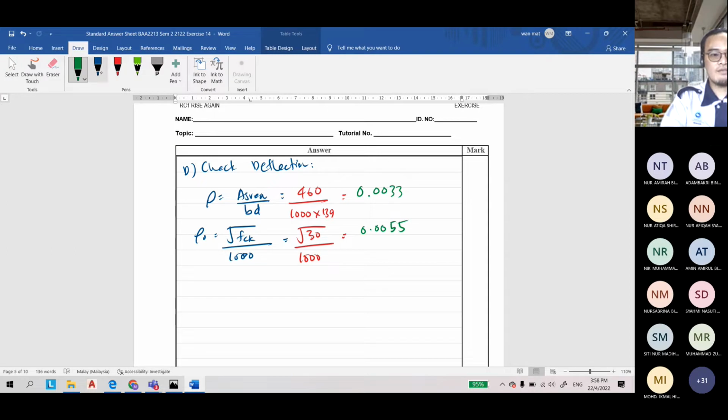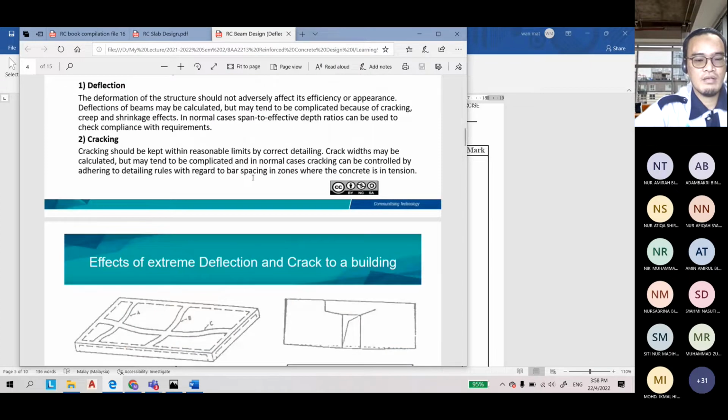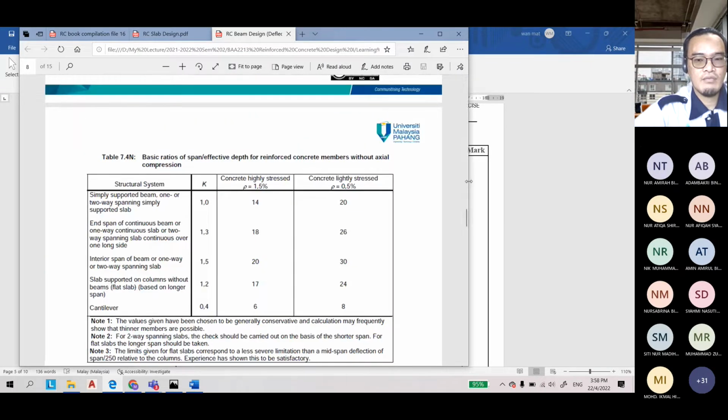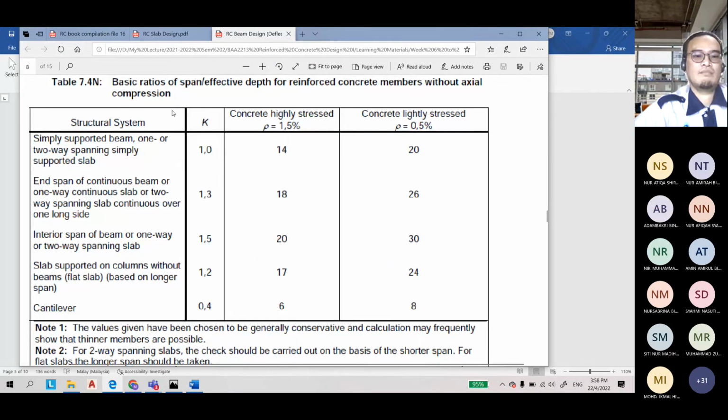Okay. So you refer to the table. Okay. K is equal to what? You refer to this table for deflection. Remember, recall this lesson. For deflection, what is the value of K? 1.0.